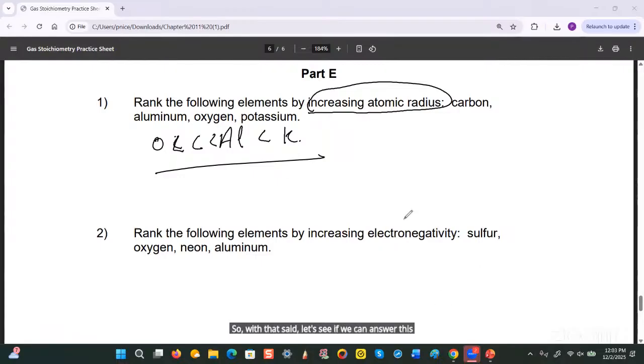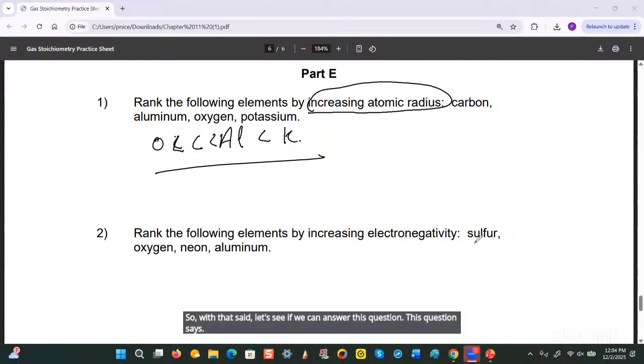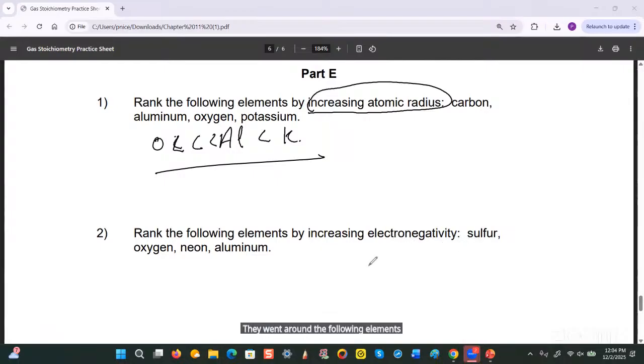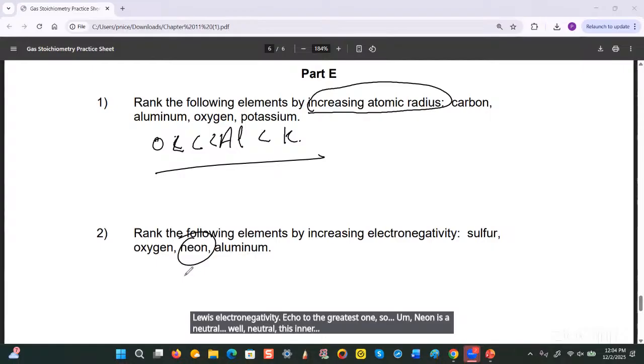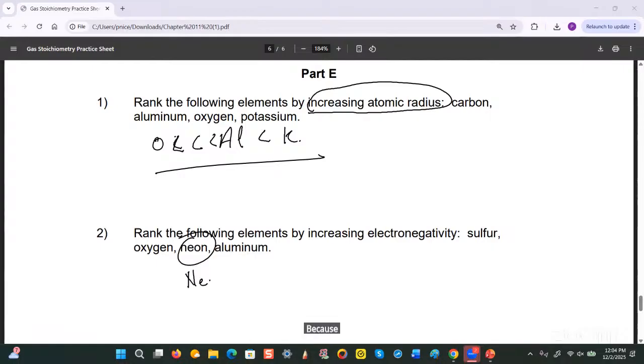So with that said, let's see if we can answer this question. This question says, you're going to rank the following elements in order of increasing electronegativity, right? So you're going to start from the lowest electronegativity atom to the greatest one. So neon is inert. So therefore it will have pretty much no electronegativity because it's in group 8A, right?